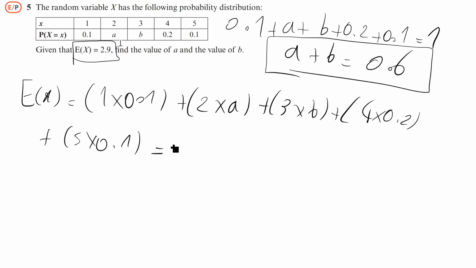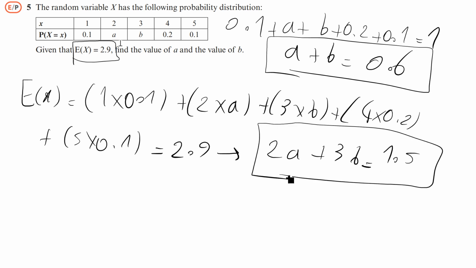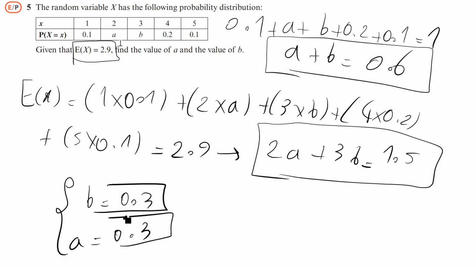This equals 2.9, and by simplifying and rearranging everything, we get 2a plus 3b equals 1.5. Now we have two simultaneous equations with two unknowns, and we just need to solve them. If you solve these two equations, the values that you'll get are b equals 0.3, and a is also equal to 0.3. So these are the answers to the fifth question.